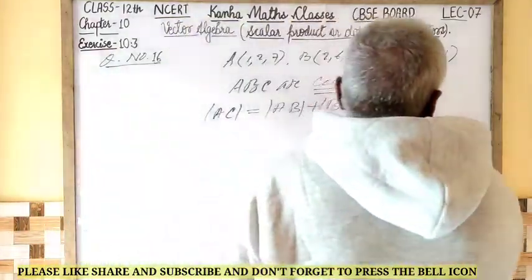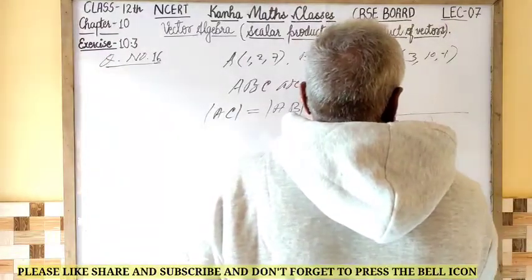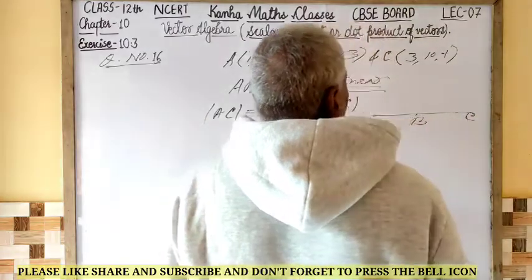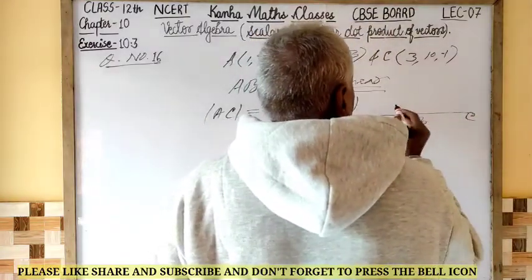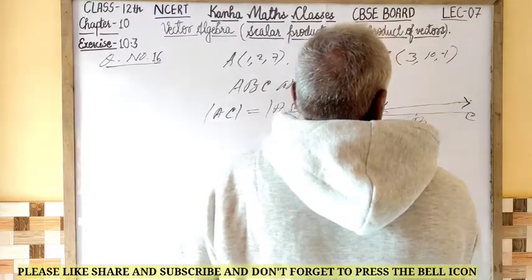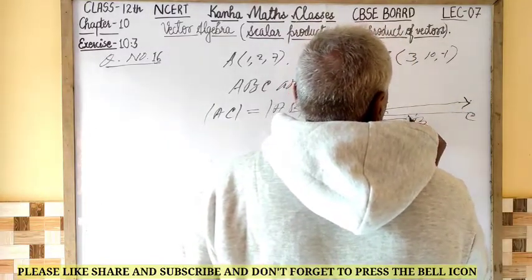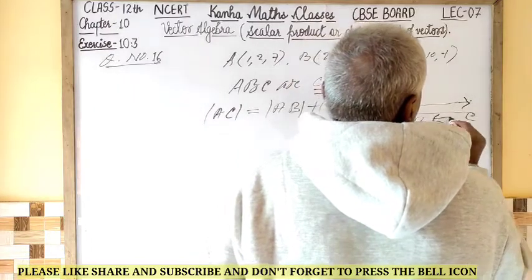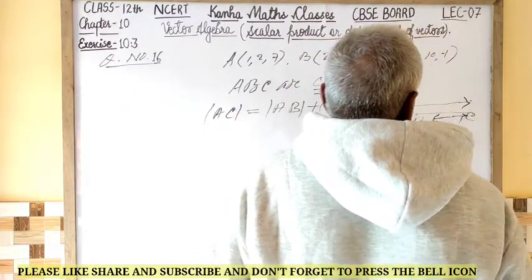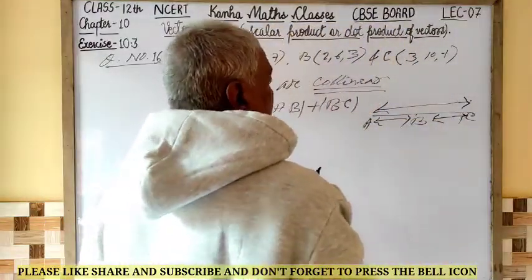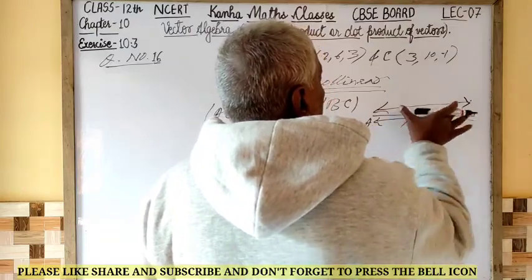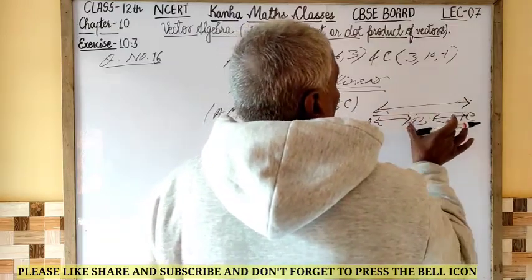Because by figure you may interpret like this: A, B, C. If AC, the total distance, is equal to the distance AB plus distance BC, then it will only hold good if A, B, C are collinear, such that AC is equal to AB plus BC.